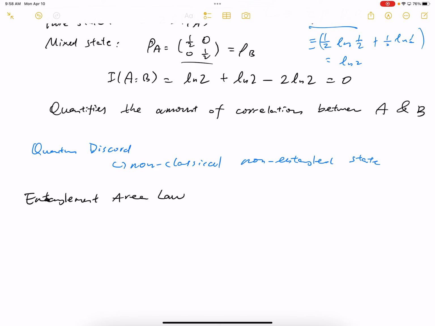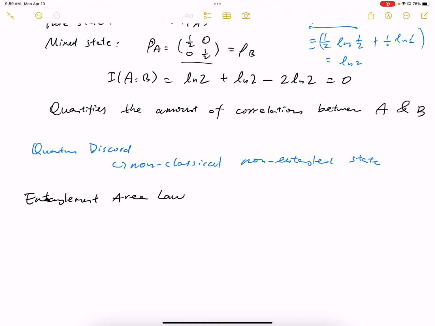So here's the thing. If you choose a subsystem, for example this shaded region in blue, then the amount of entanglement it has with the rest of the system only scales as the size of the boundary, right? Maybe this one is a better picture in that sense.